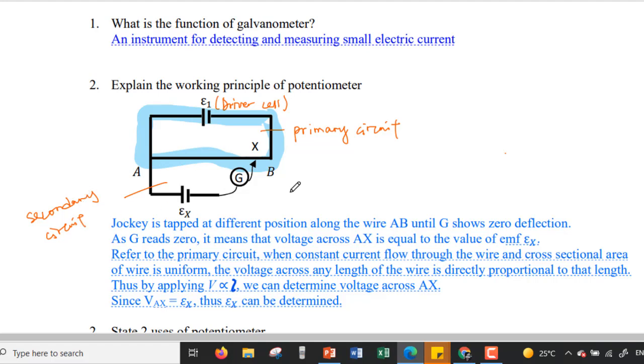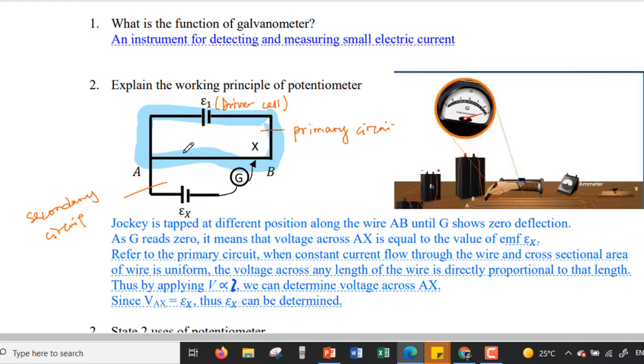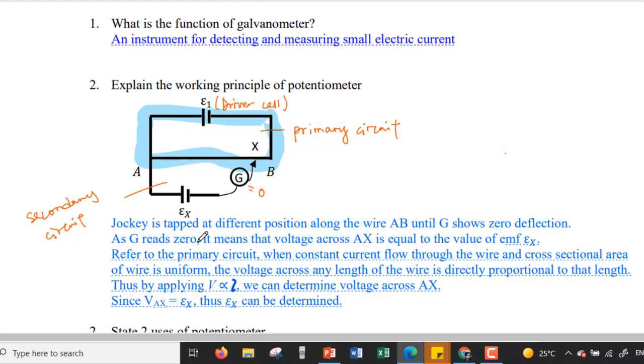So how does the potentiometer work? We tap the jockey at different positions along the wire AB until the G shows 0 deflection. When G reads 0, it tells us that there is no current flowing through the secondary circuit.